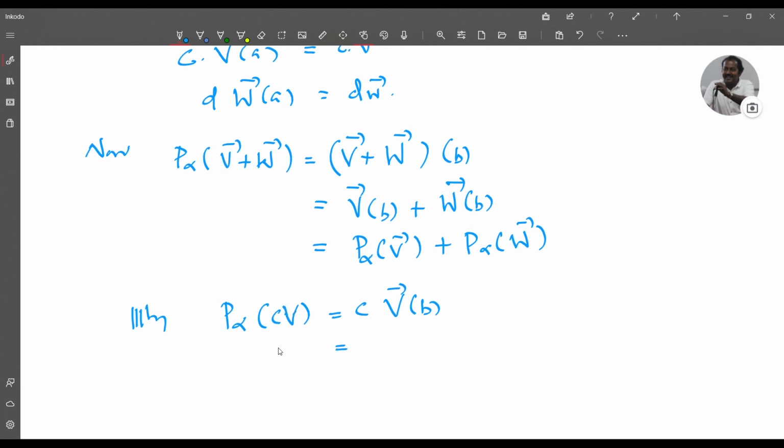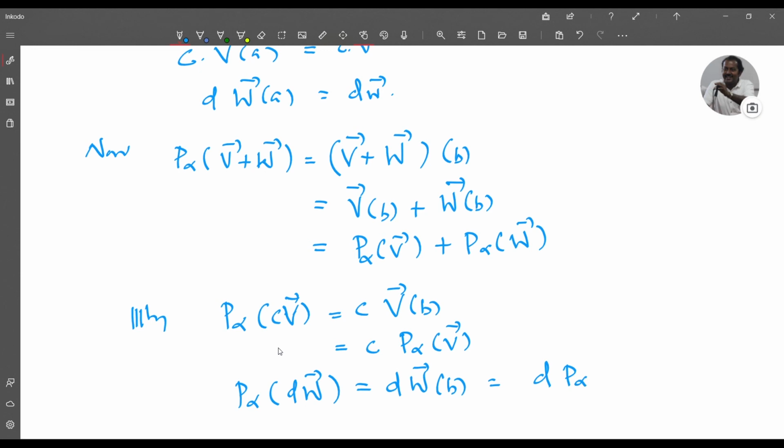So this is c into P alpha of v, and P alpha of dw, this is equal to d into P alpha of w.